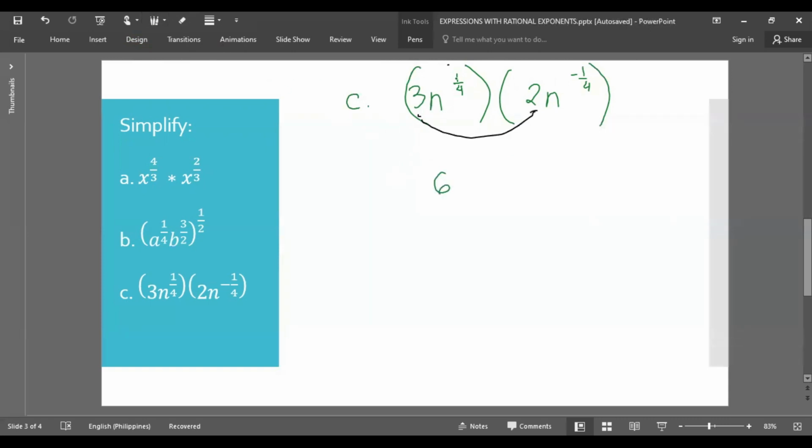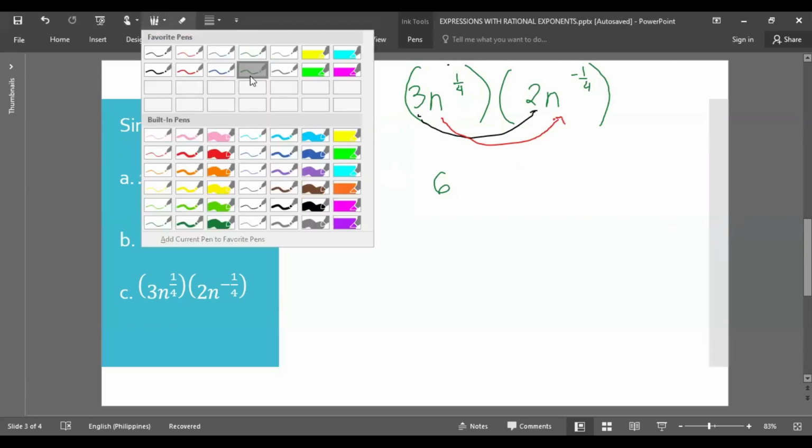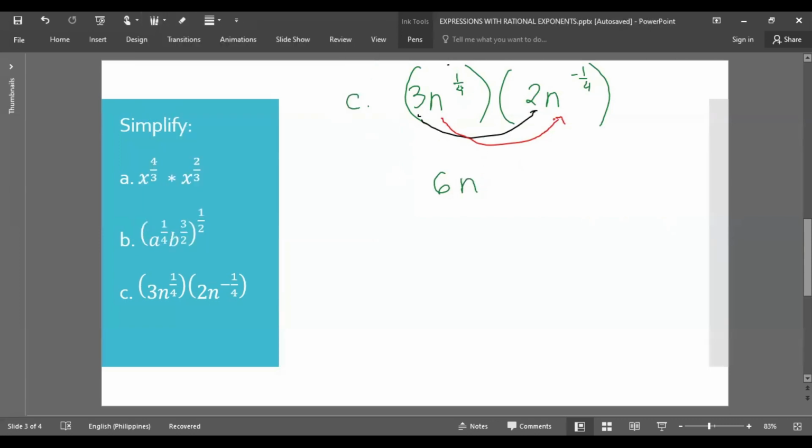How about n raised to 1/4 times n raised to negative 1/4? You may apply here the first law of exponent since they have the same base. So copy n, then simply add the exponents. 1/4 plus negative 1/4.